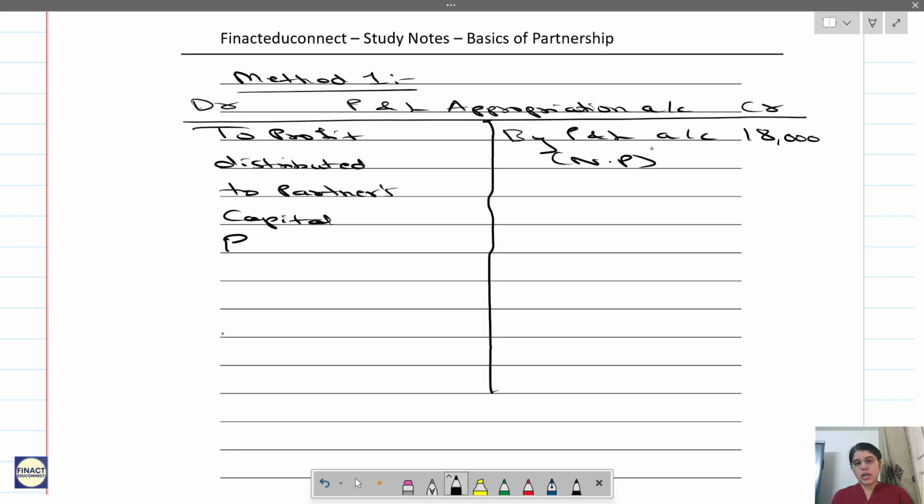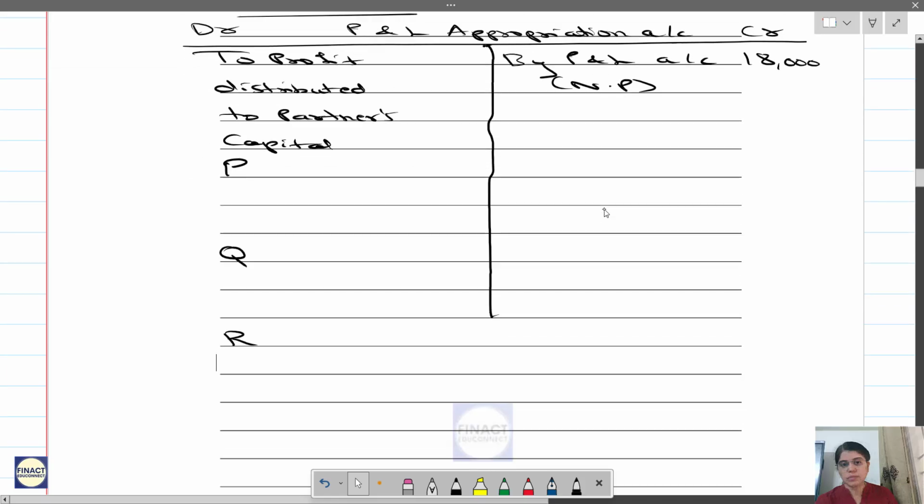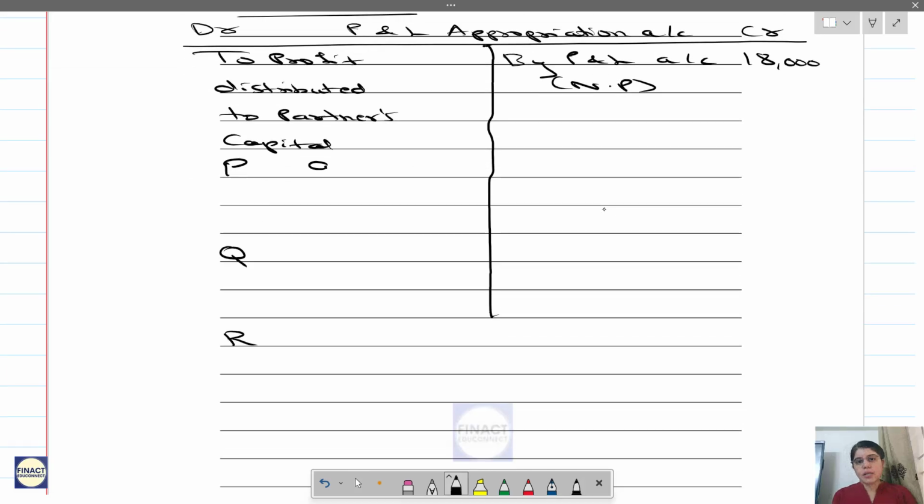I will just write how much belongs to P, Q and R, leaving some line in between. So the initial profit is 9,000, 6,000 and 3,000, correct? Let me just extend this.